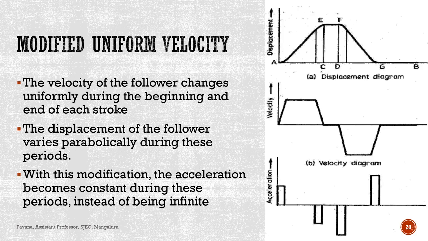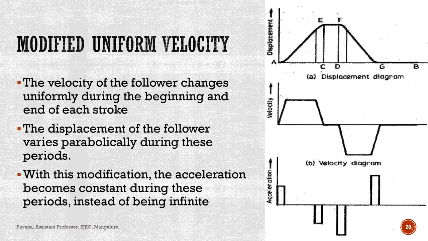Next one, modified uniform velocity, the second type of motion. In the first type, what we observed in the displacement diagram of the follower with uniform velocity is that the acceleration of the follower becomes infinite, at the beginning and the end.